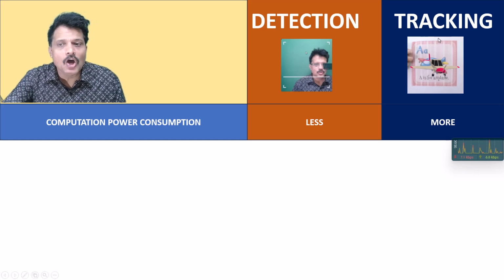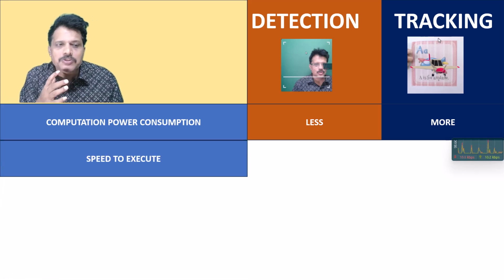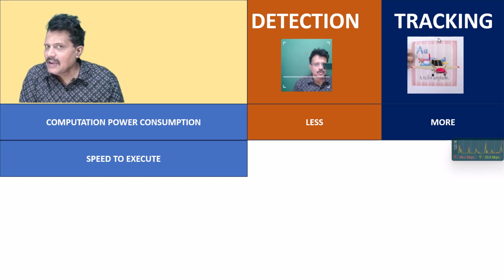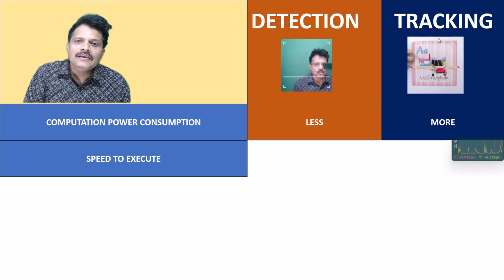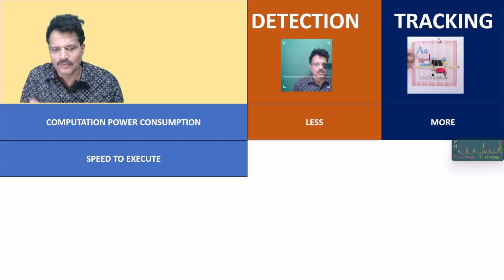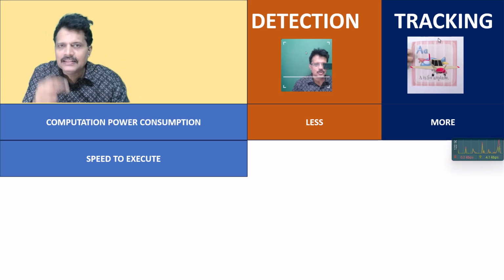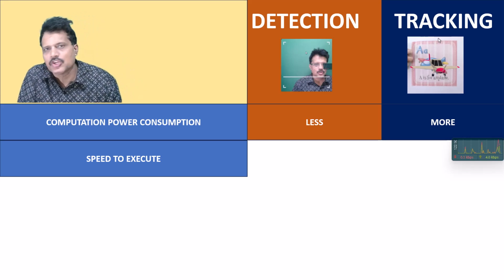Now the next option here is how much speed it takes to execute. In case of detection, when you hold the image, even if it takes 1 second or 2 seconds, it is not going to affect your performance. You hold the image in front and wait for 1 or 2 seconds, and then if it detects it, there is no issue.